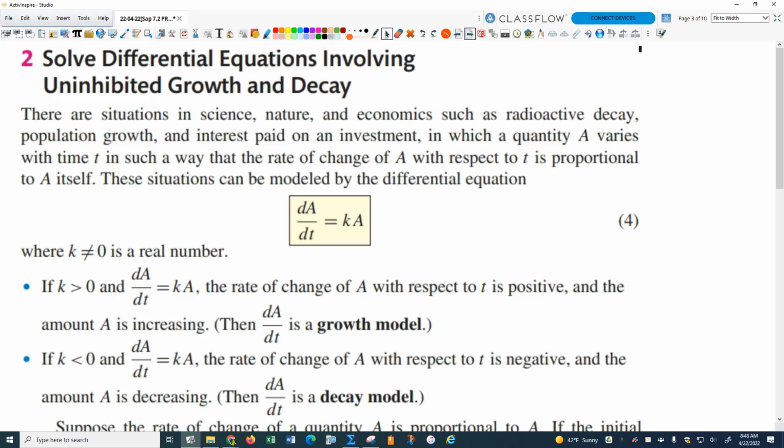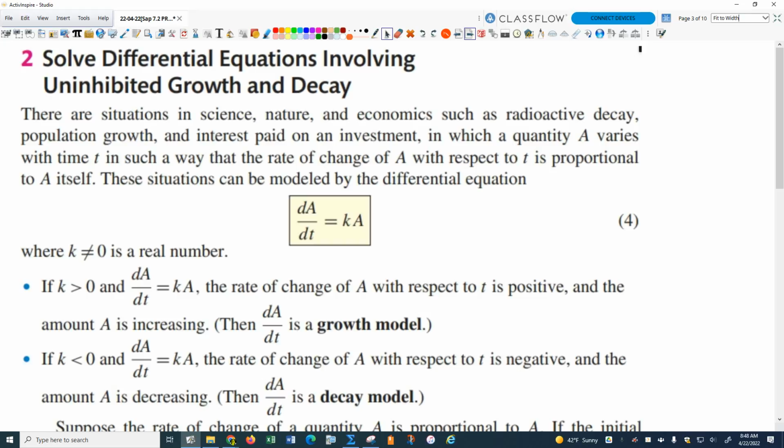But if it's decay, like radioactive decay, for example, as the radioactive substance decays, the amount gets less and less. And of course, the rate of decay is going to be proportional to the amount of substance there is to decay.